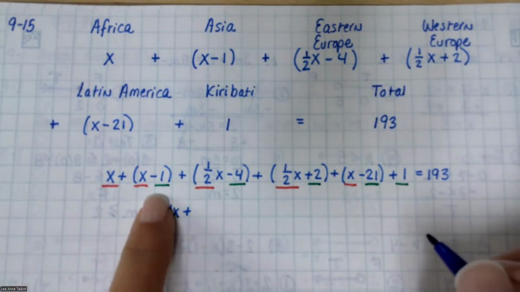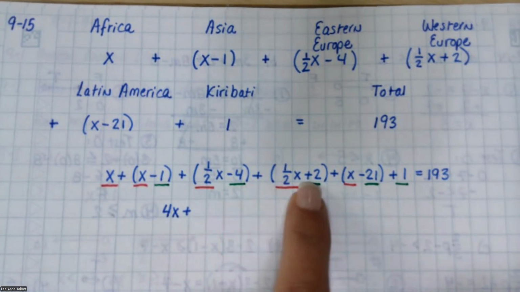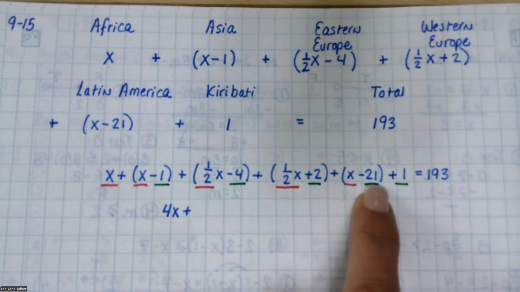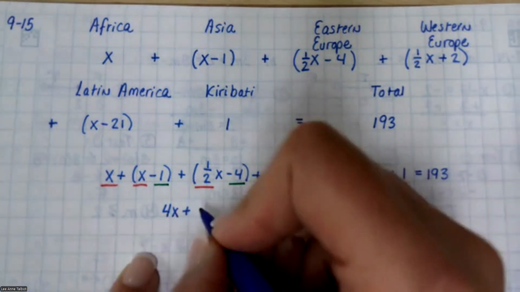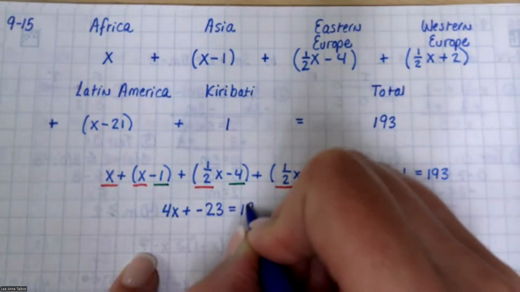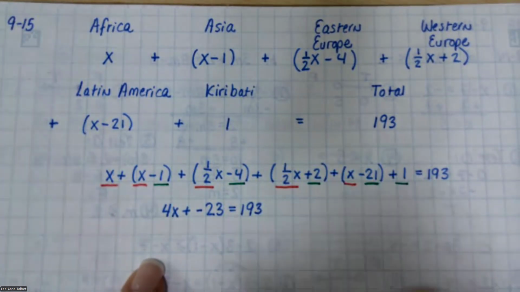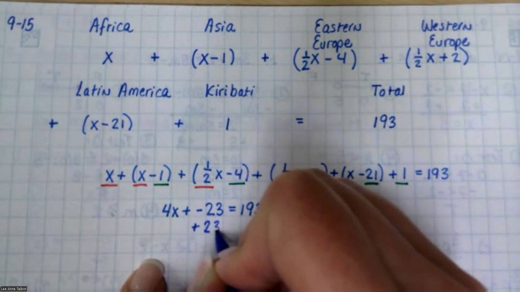And then I have -1 minus 4 is -5, plus 2 is -3, minus 21 is -24, plus 1 is -23. Add 23 to both sides.